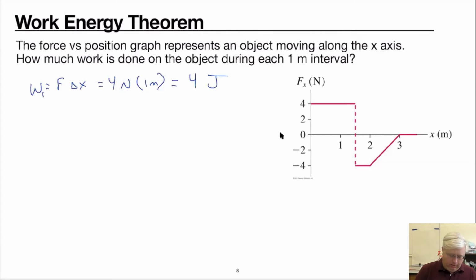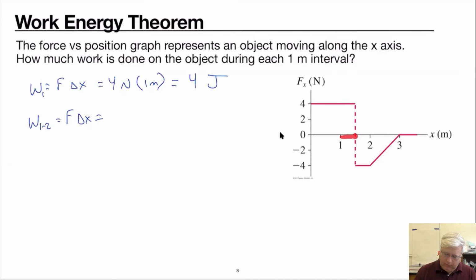And how about the work from 1 to 2? Again, it's F delta X. What do we see happening here? Well, there are 2 parts. Between 1 and 2, we could just assume that that's 1.5 right there.